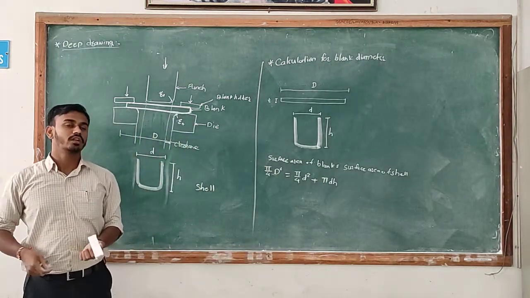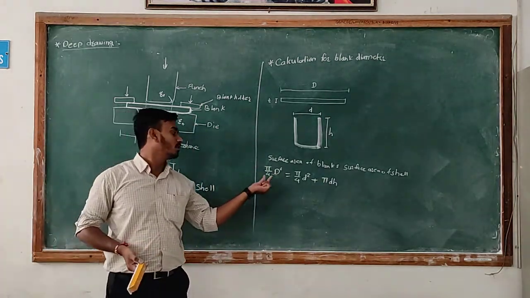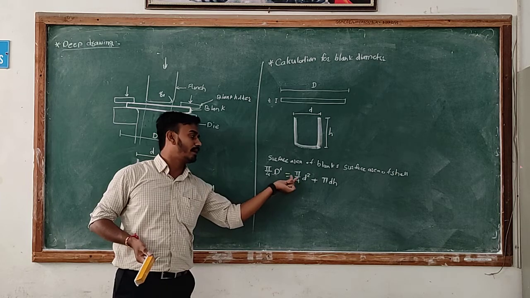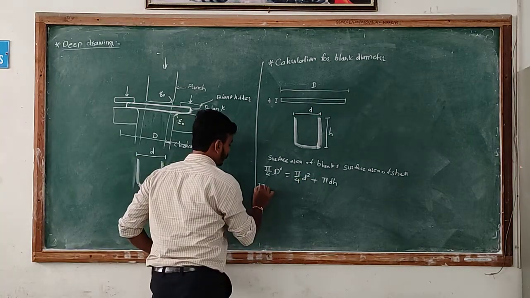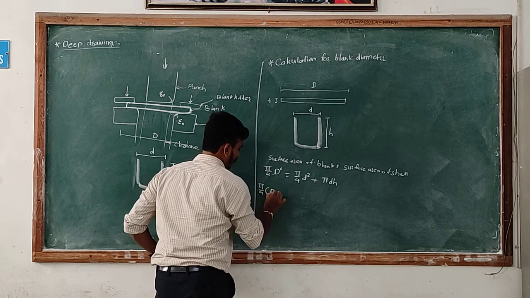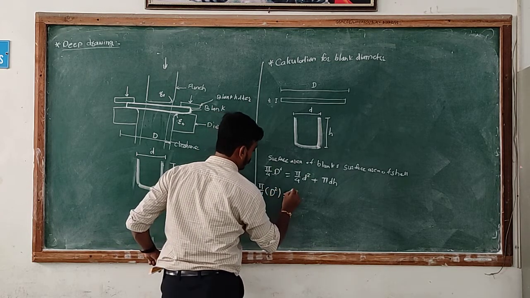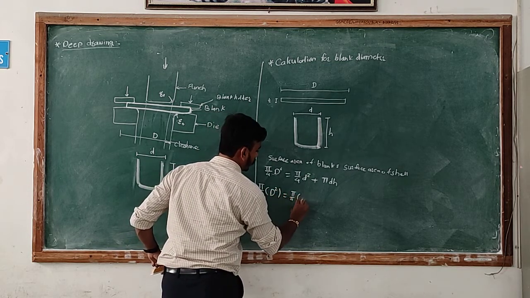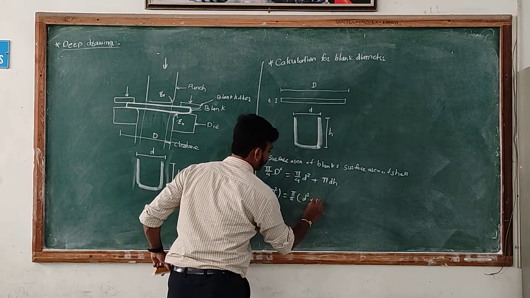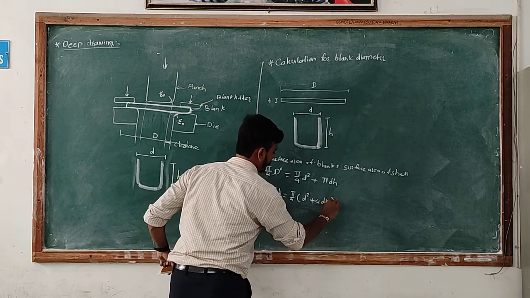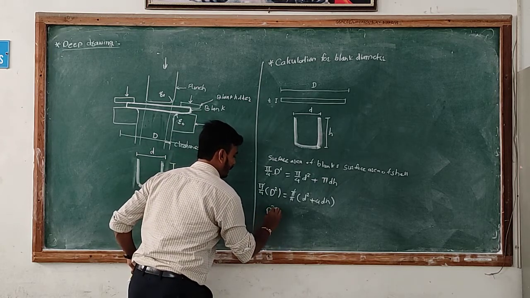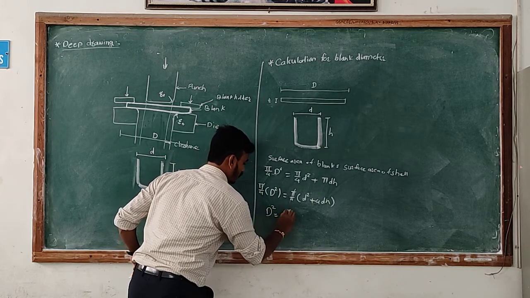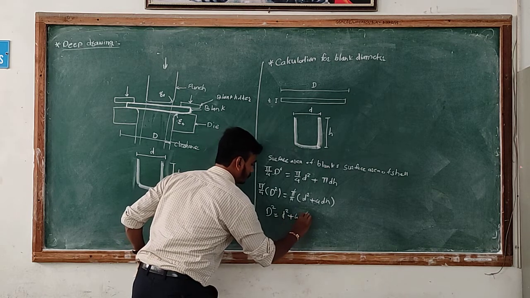The area remains constant. If I take pi by 4 as common, then pi by 4 into capital D square is equal to pi by 4 into small d square plus 4 into d into h. The pi by 4 cancels, and capital D square is equal to small d square plus 4dh.